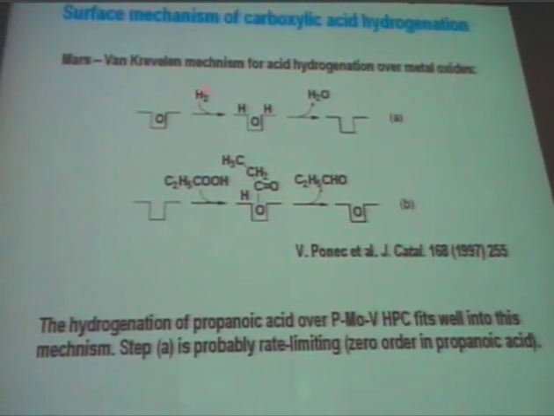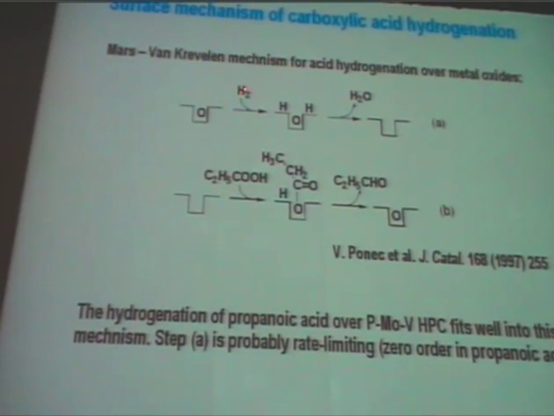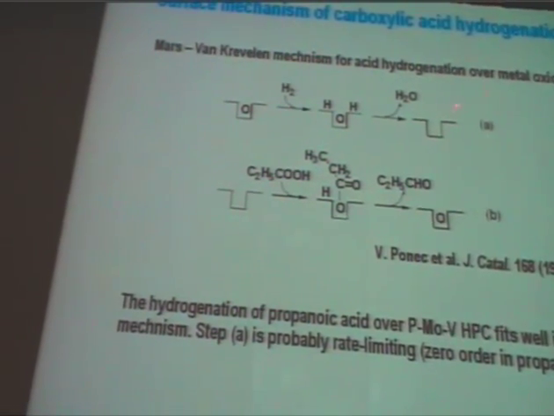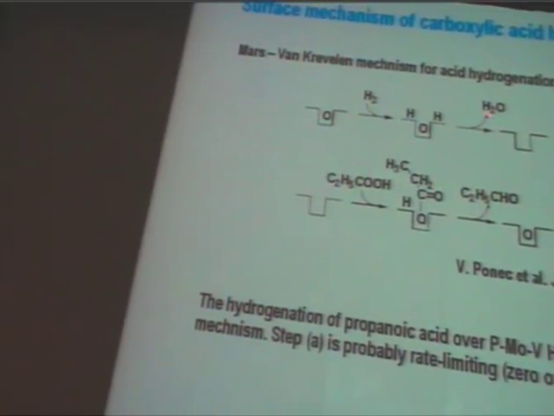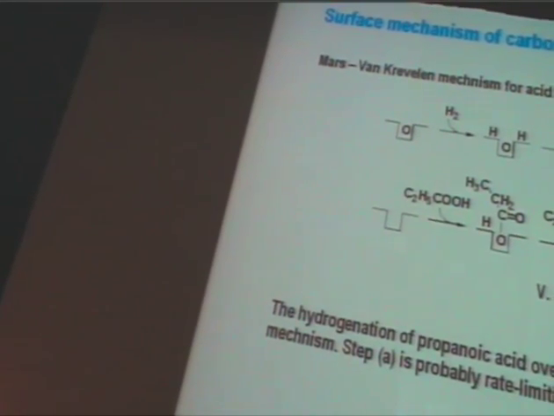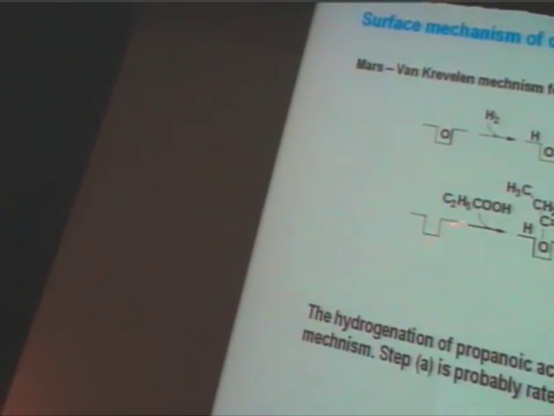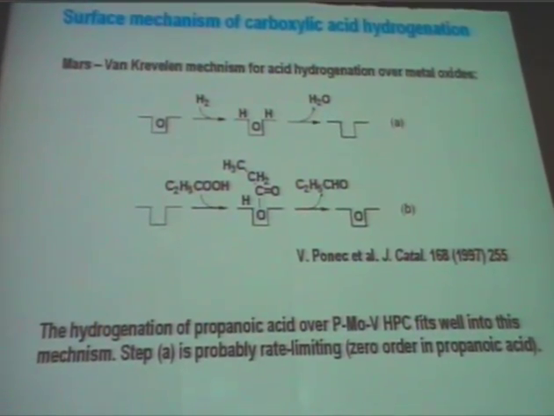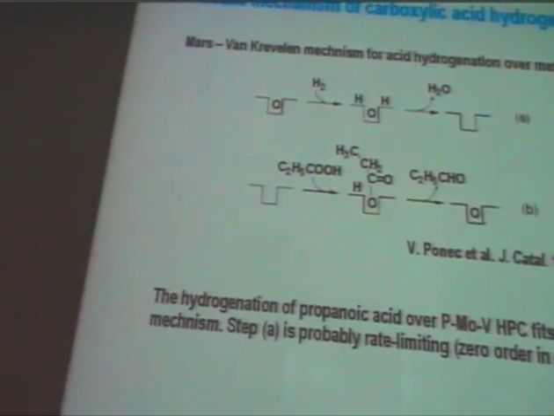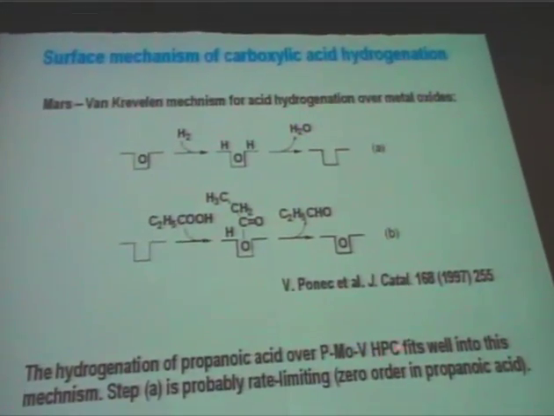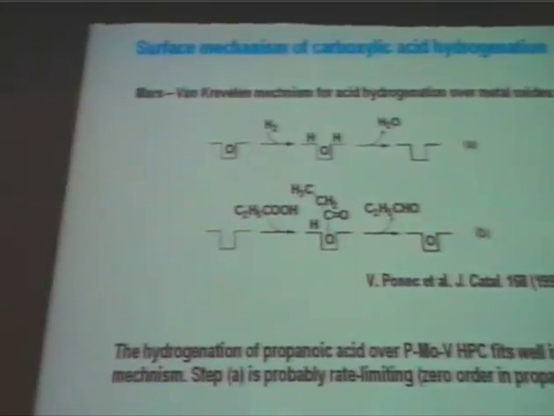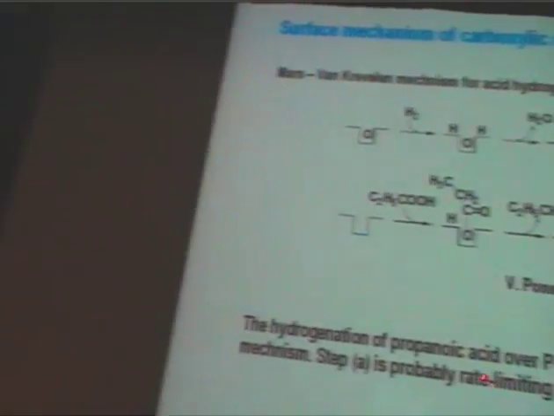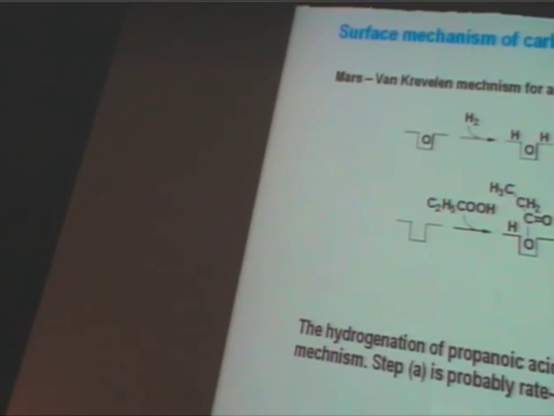So in the first step, the lattice oxygen reacts with adsorbed hydrogen to generate an oxygen vacancy by dissolving a water molecule. In the second step, this vacancy is refilled by oxygen from the substrate, propanoic acid, to yield the aldehyde and regenerate the catalyst. From our data, the hydrogenation of propanoic acid over molybdenum phosphate heteropoly compounds fits well into this mechanism. And step A is probably rate limiting, since the reaction is zero order in propanoic acid.